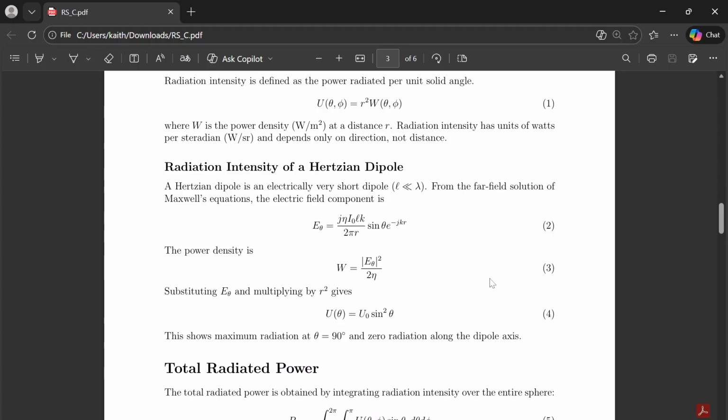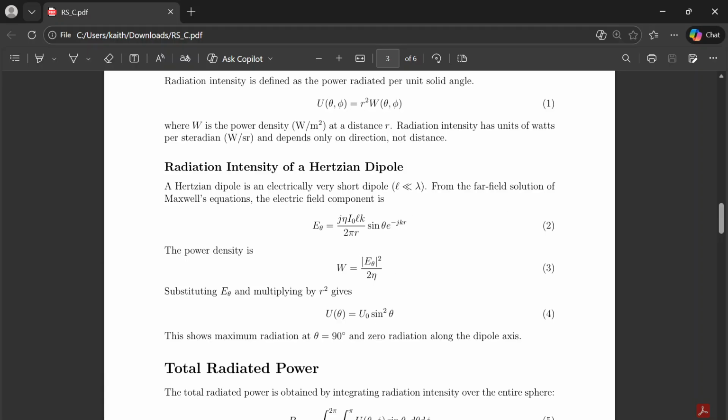Let us see the radiation intensity of a standard example, which is the Hertzian dipole. So a Hertzian dipole is an electrically very short dipole. So from my last video, this is the far field solution of the electric field component, and the power density is given by this formula.